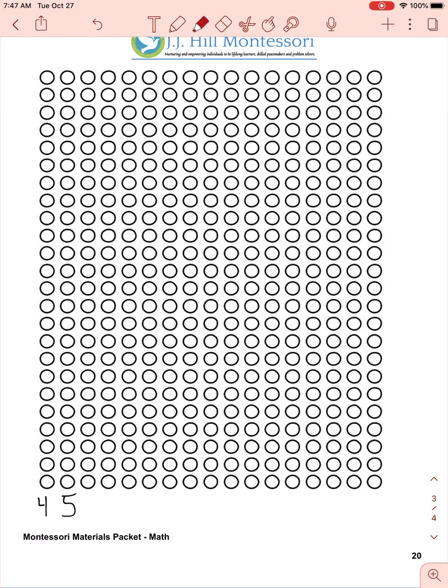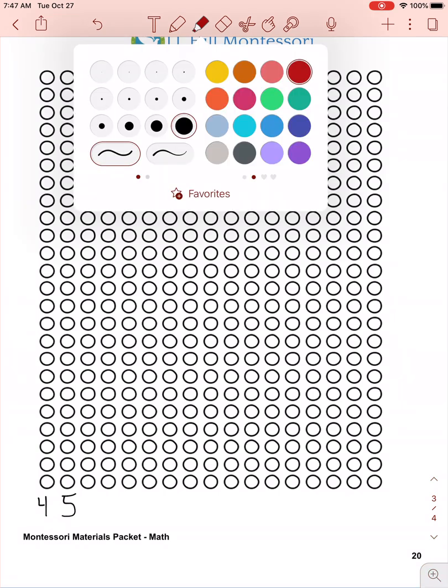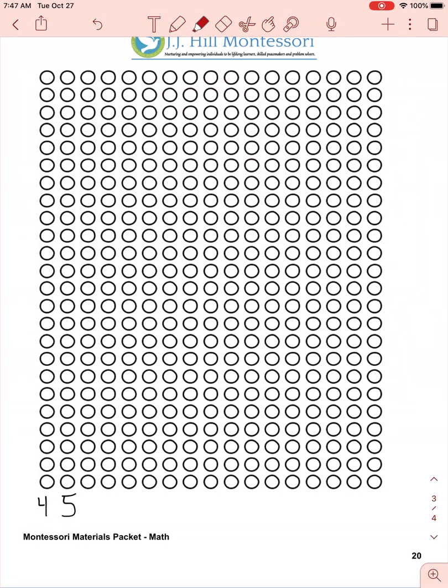What is the lowest number that these two numbers have in common? Let's start with 4: 1, 2, 3, 4. Add a mark. And 1, 2, 3, 4, 5. Add a mark. Now, do these numbers line up? Do they have a number in common? No, not yet. So I'm going to keep going.